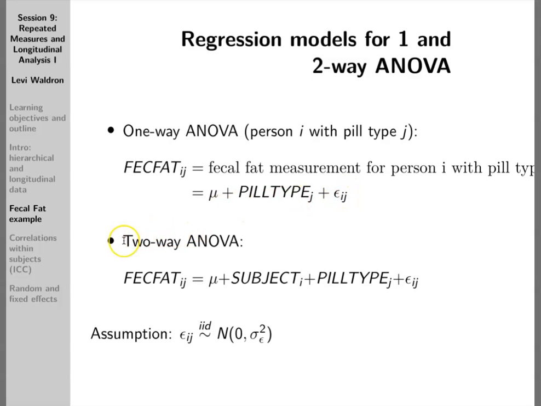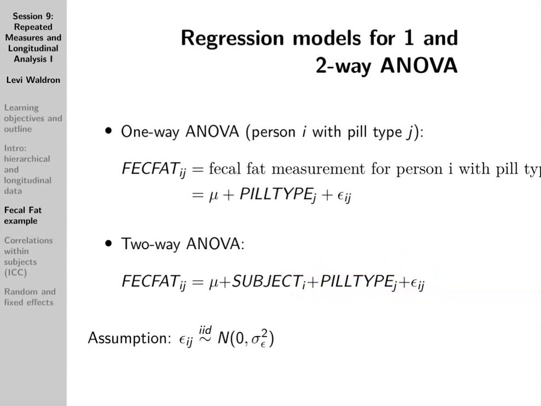And then when we went to the two-way ANOVA, we still have this overall intercept, but we've added a mean per subject. So the outcome is modeled as the overall mean plus the subject effect plus the pill type effect plus the residuals. Now you can see how these residuals are really something different between these two models.